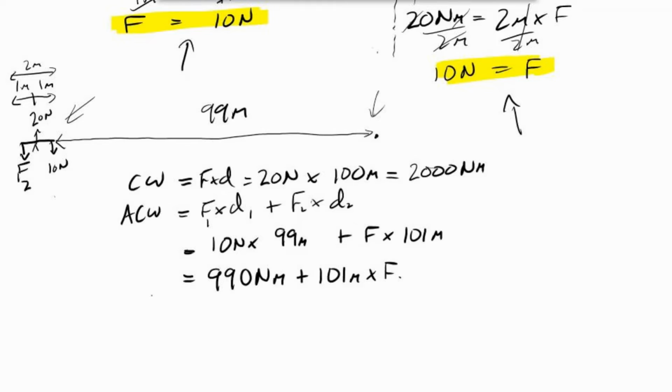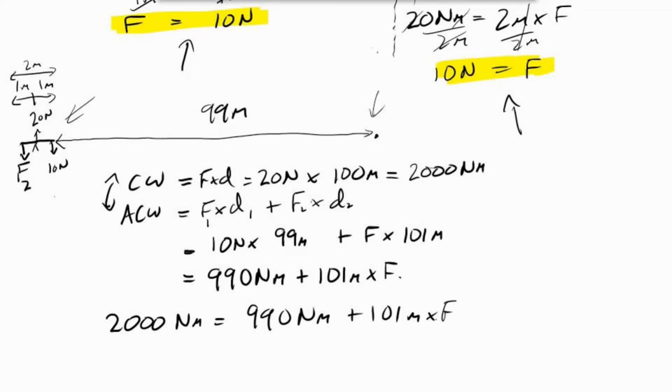Alright. And they have to be equal to each other because for a balanced situation the clockwise and the anti-clockwise moment must be equal to each other. So that means that 2000 Newton meters must be equal to 990 Newton meters plus 101 meters times F, or mystery force. Let's come down a bit further.